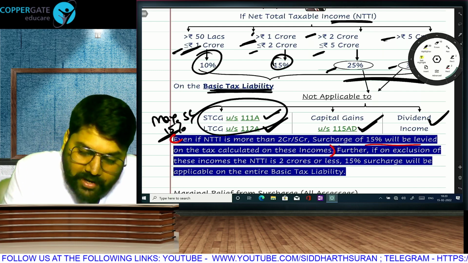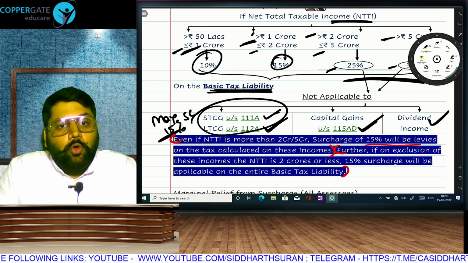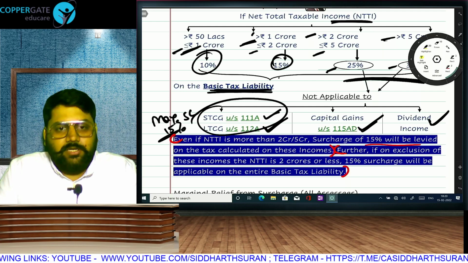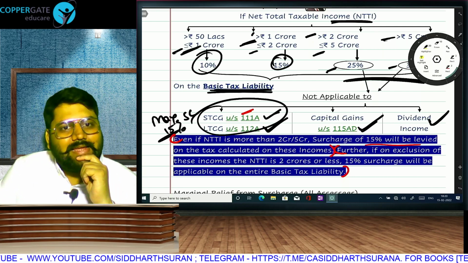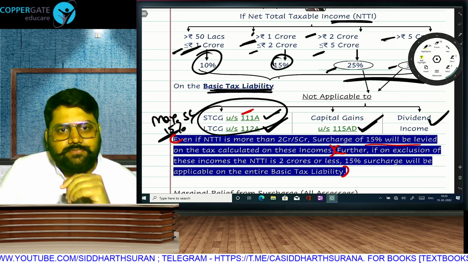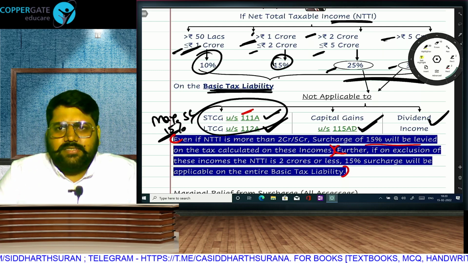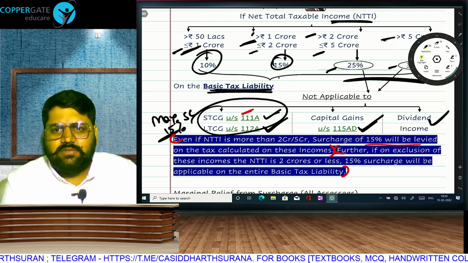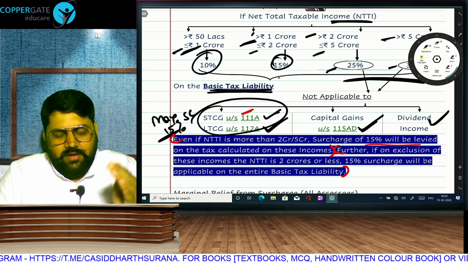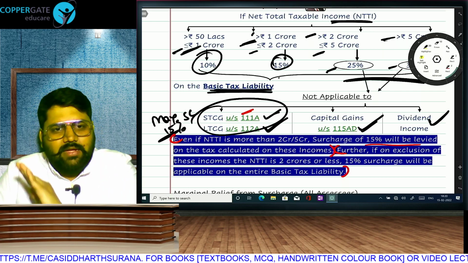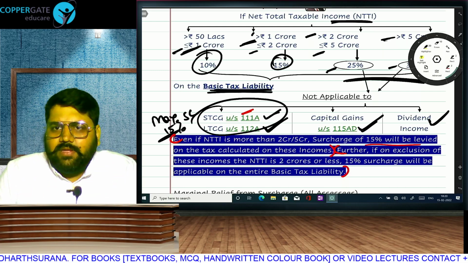And now I have one more line over here, under which if my income is crossing 2 crore only because of these incomes, supposingly this is 100 crore and my other income is only 1 lakh rupees salary, nothing else. That means the other income is less than 2 crore rupees. In that case, even if my total income is 101 crore or 100 crore and 1 lakh, the total surcharge will be maximum 15%. My surcharge will never be more than 15%.